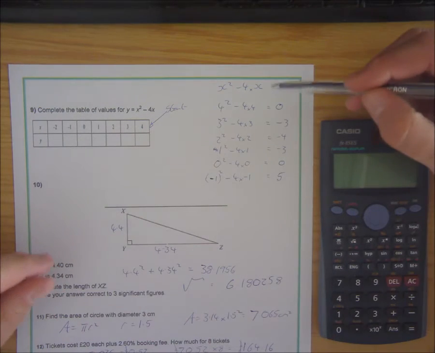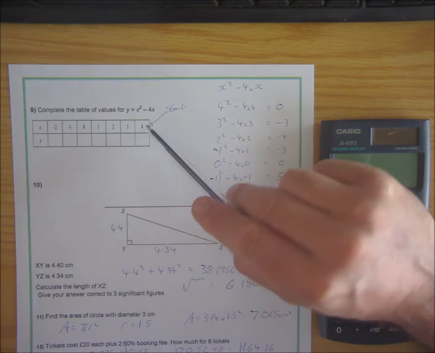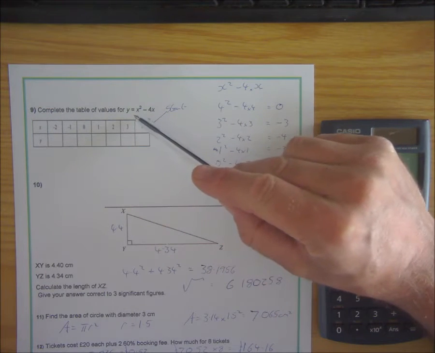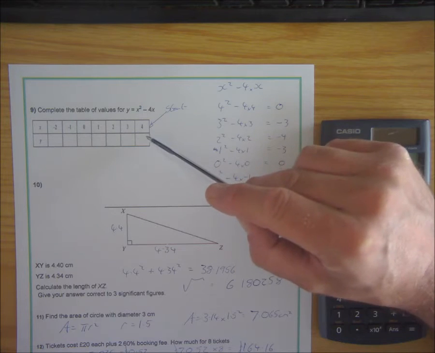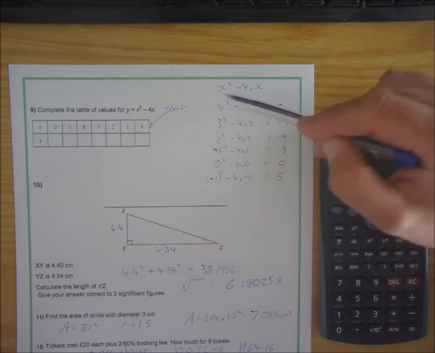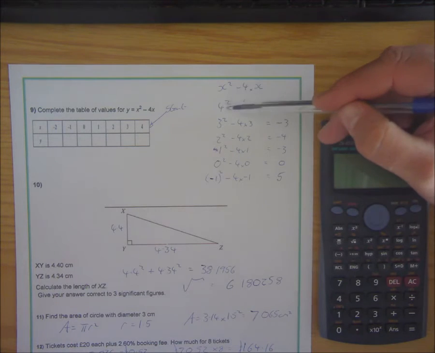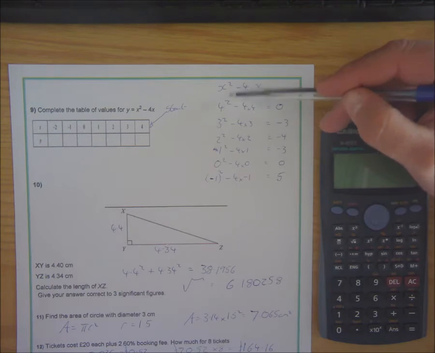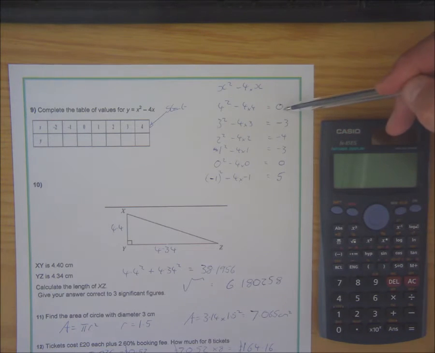Okay, grade C, series A, part 2. I've got a table of values, I've got to fill it in for a quadratic, y equals x squared minus 4x. I'm always going to start with the positive ones. I'll make a little bit of a table to help me spot a pattern. Well, x is 4, so 4 squared minus 4 times 4, which is going to give me 0.